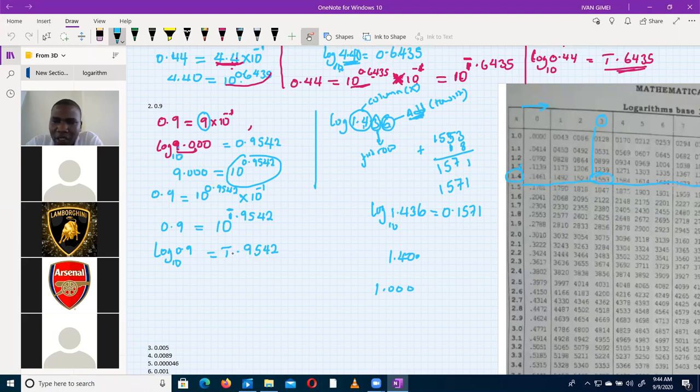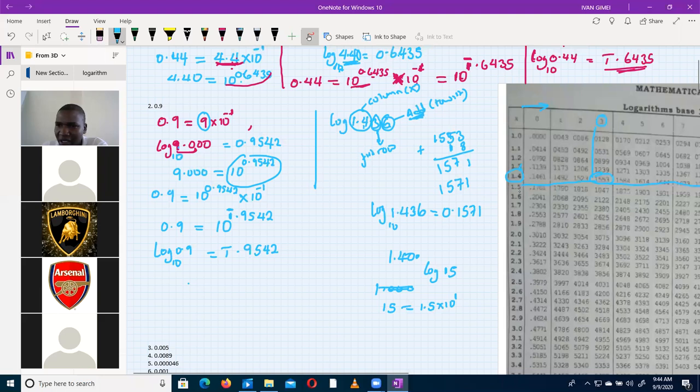Okay. So I'll take you to a simple view here. When you're looking for the logarithm of 15, what did we do? We said the logarithm of 15, you first write 15 in standard form. This will be the same as 1.5 times 10 to the power of 1. Then I come here and look for the logarithm of 1.5.